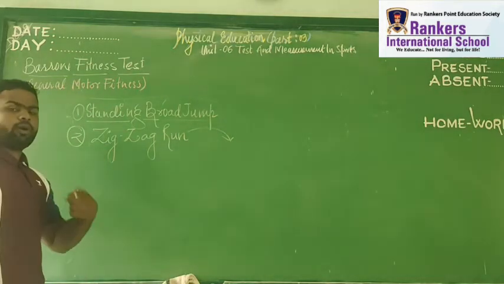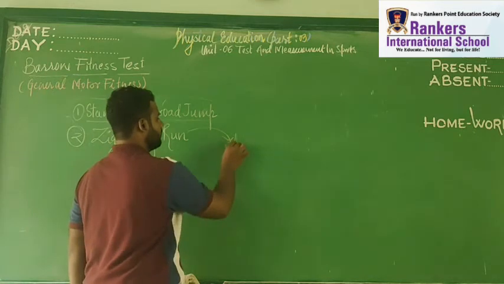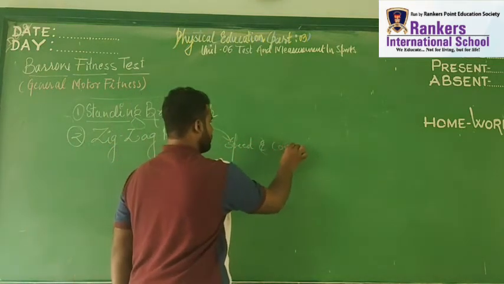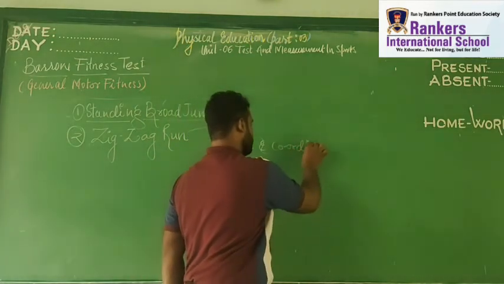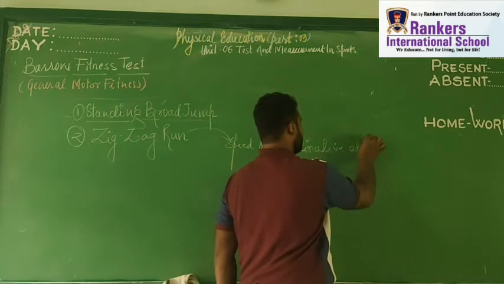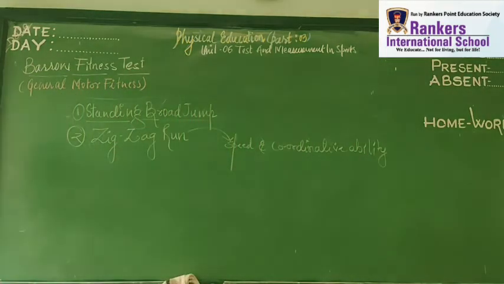Zigzag measures the speed and coordinative ability. It is measured by this zigzag run. But before going to zigzag run, let's read about standing broad jump so that we get the exact concept of it.